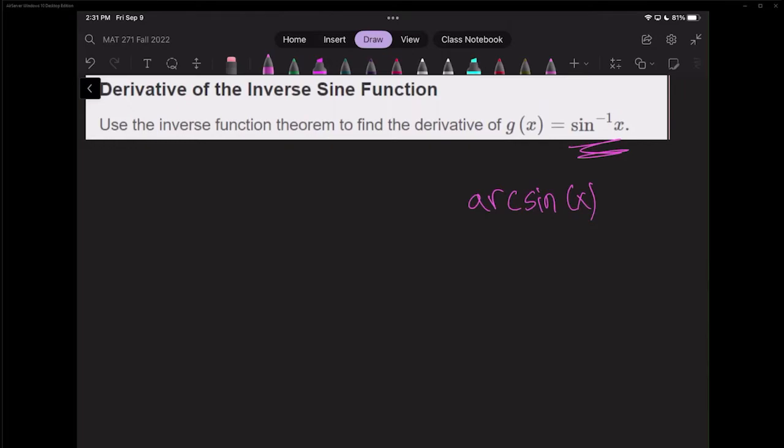So let's say that, well, first of all, we should know from 172 that if y equals arcsine of x, remember that, again, sine inverse x and arcsine of x are the same thing, this implies that sine of y is equal to x.